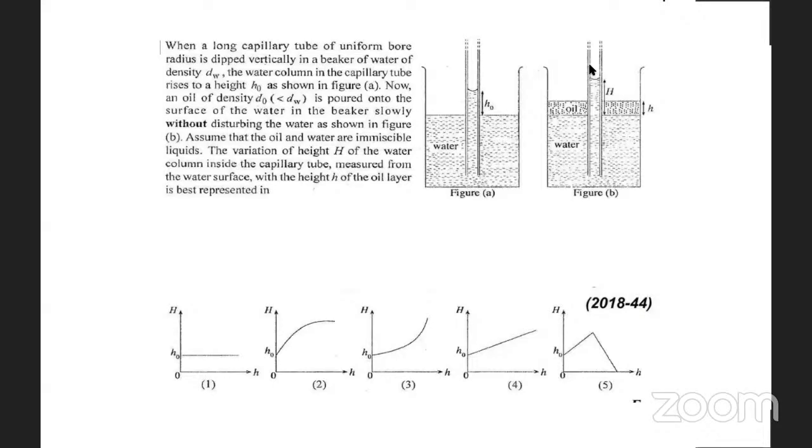Remember the contact angle will depend on the type of liquid and the type of surface. Now we are not changing water, people. Water is the one who is going to rise, and we are not changing the surface as well. So contact angle will not change. We'll take it as cos theta.